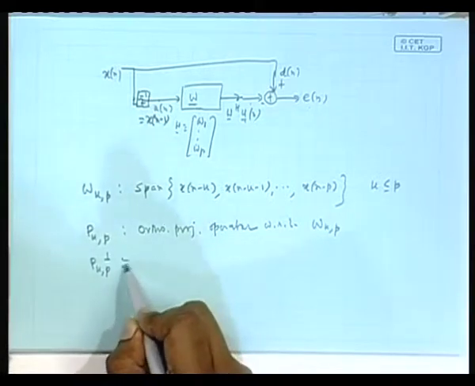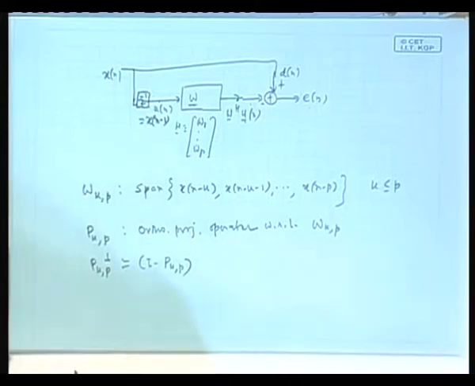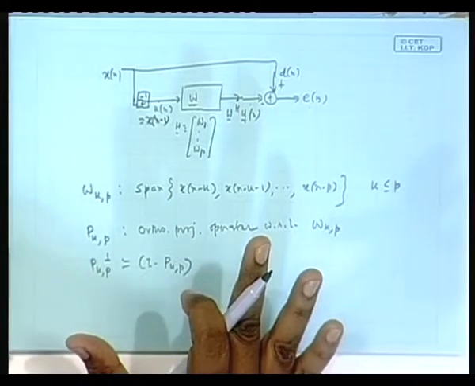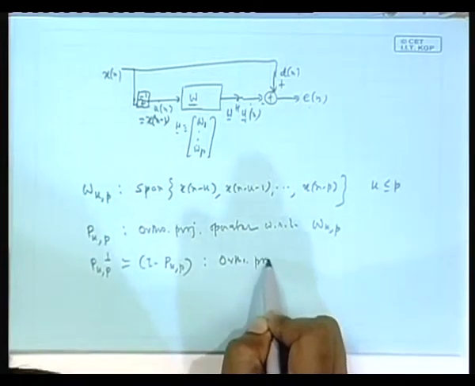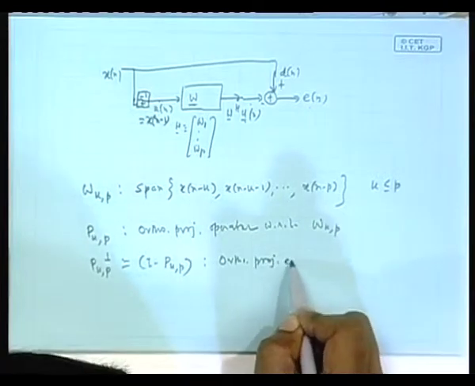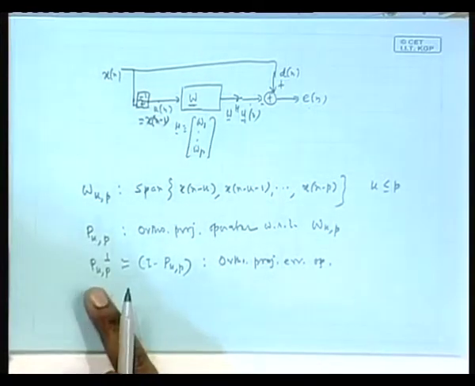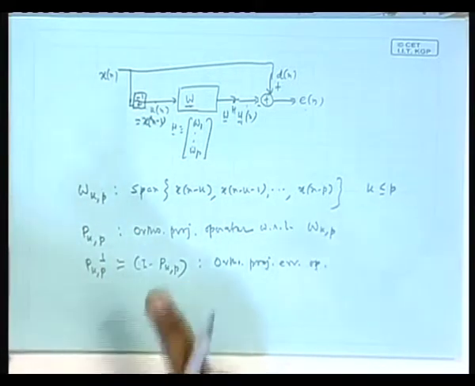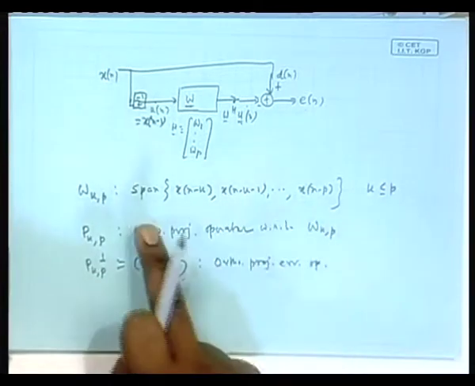It is I minus P K P, where I is the identity operator, symbolically, no matrix, just an operator. This is called the orthogonal projection error operator. We have done all this in previous classes. If you work it on an external vector y, it gives you the error, y minus the projection, which is orthogonal to all those elements spanning the space.